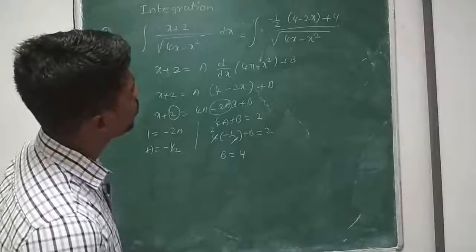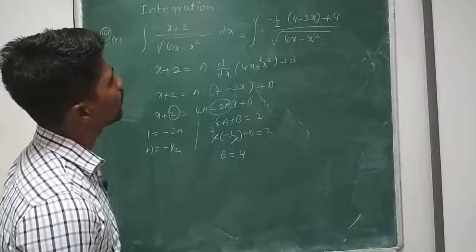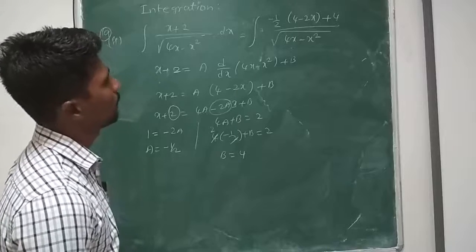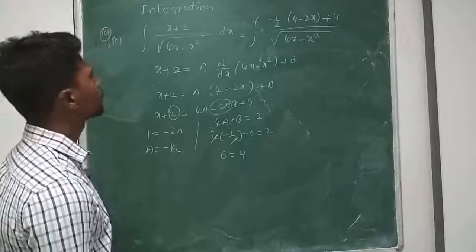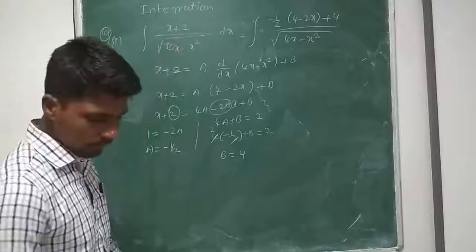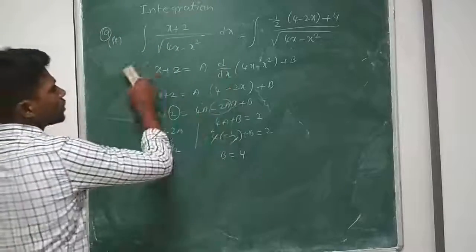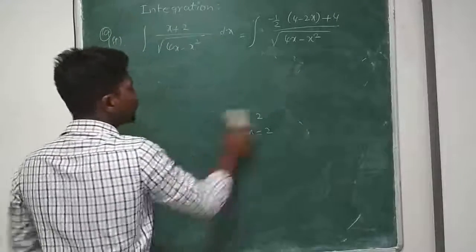So minus 1 by 2 into (4 minus 2x) plus 4 gives minus 2 plus x plus 4, which is nothing but x plus 2. This condition is satisfied.